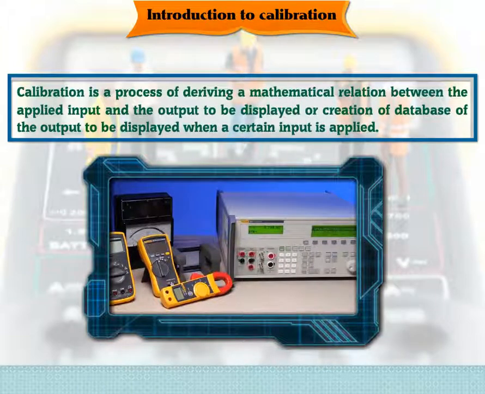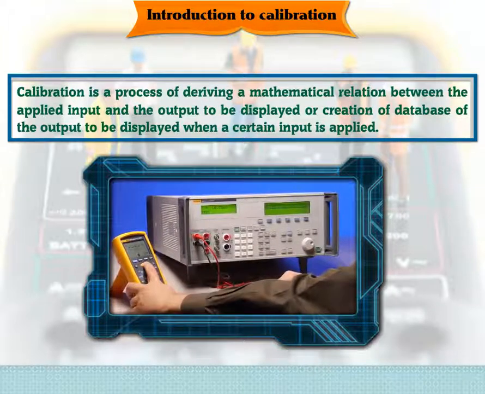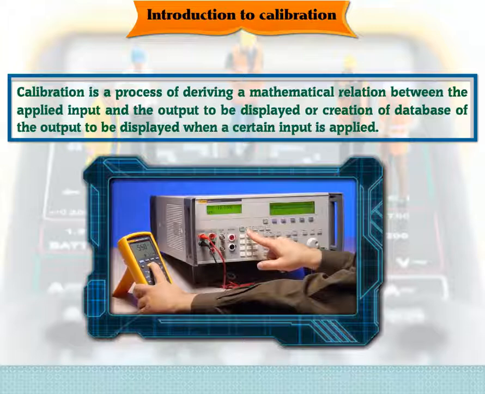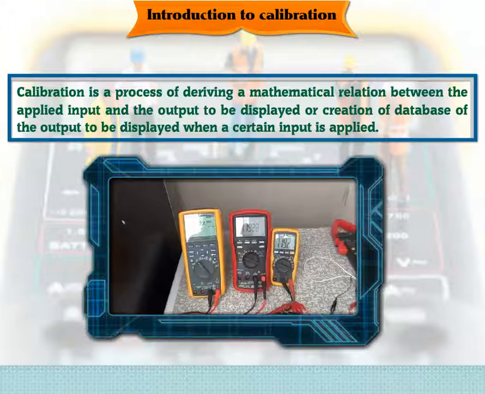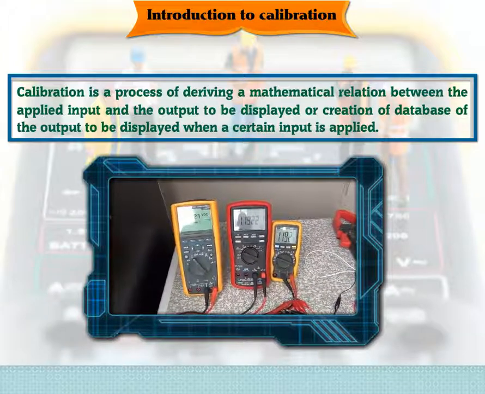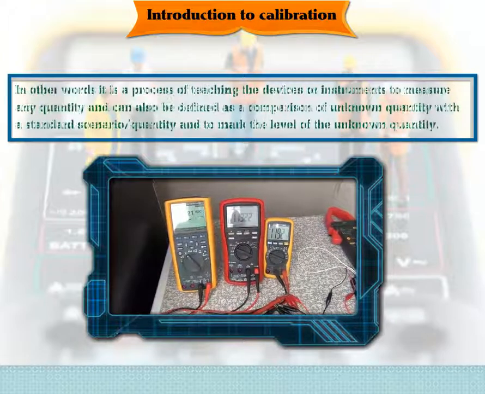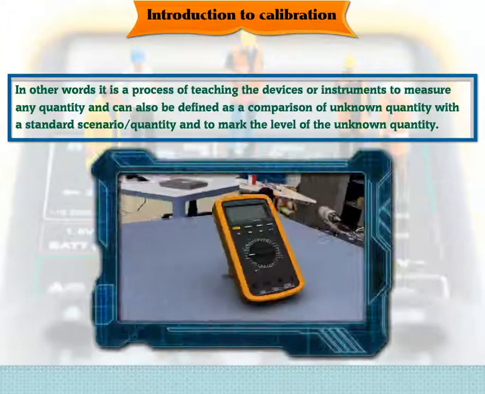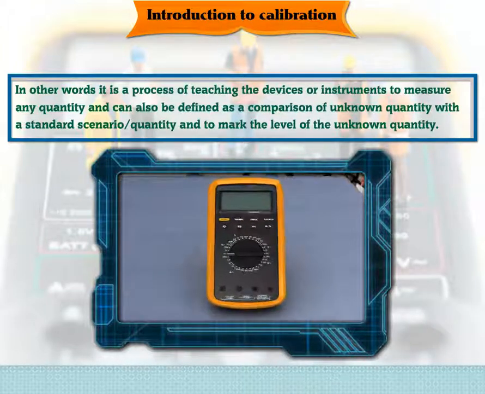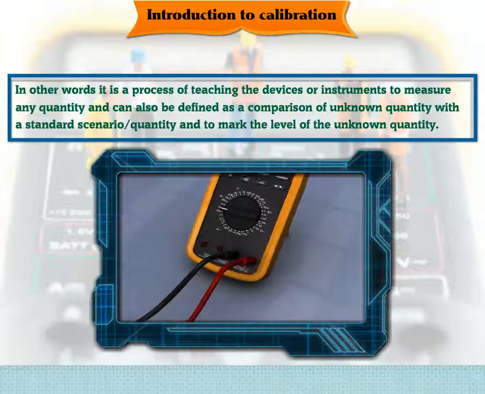Calibration is a process of deriving a mathematical relation between the applied input and the output to be displayed, or creation of a database of the output to be displayed when a certain input is applied. In other words, it is a process of teaching the devices or instruments to measure any quantity, and can also be defined as a comparison of an unknown quantity with a standard quantity, and to mark the level of the unknown quantity.